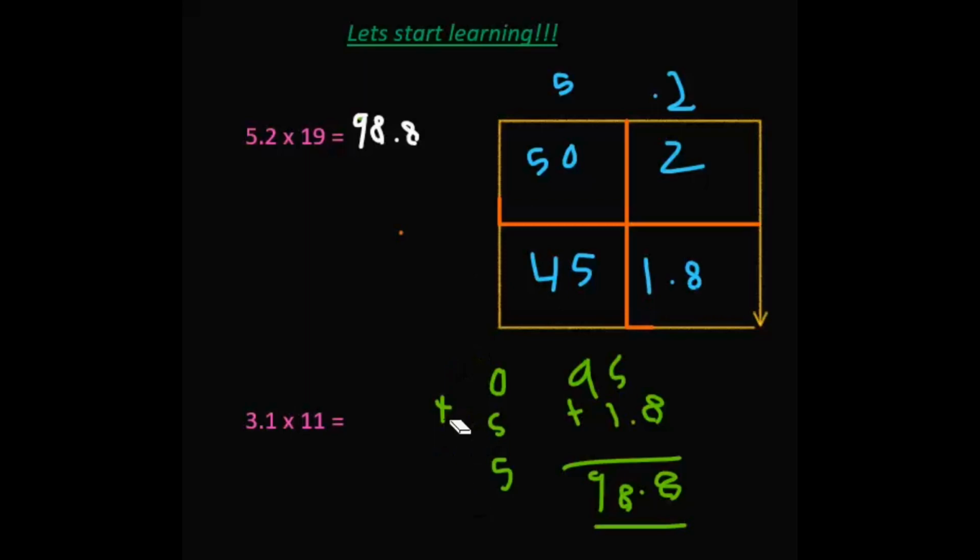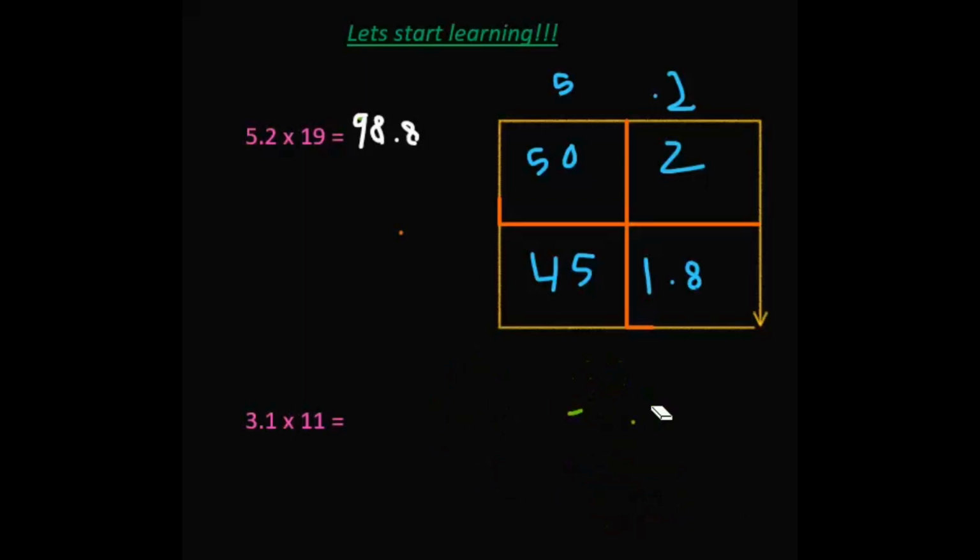I'm just going to erase the numbers, so we can use that same box, I mean the area model again. Okay. So I'm just going to erase everything in here. And this here.